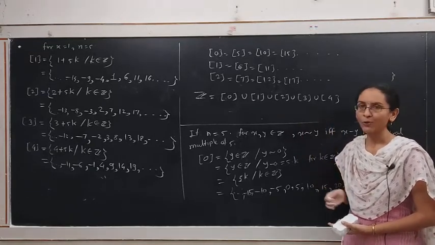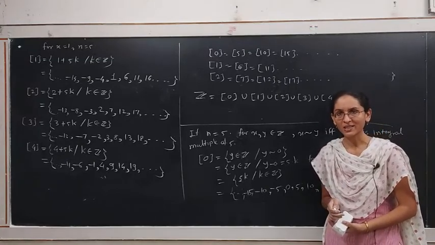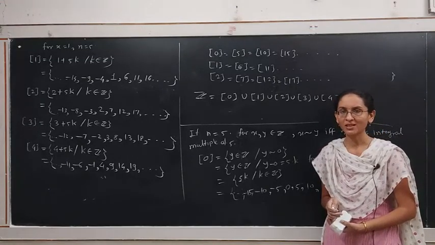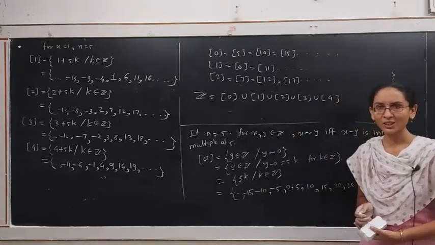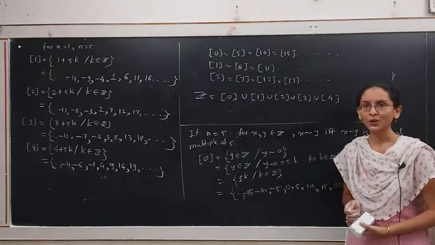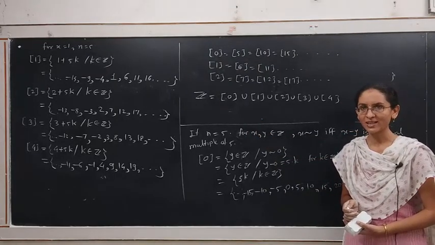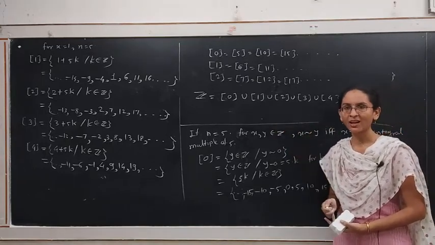In this way, we have partitioned Z into 5 proper subsets. The property of these subsets is that they are disjoint. We have partitioned Z into 5 disjoint sets, where the union of all those sets is equal to Z.